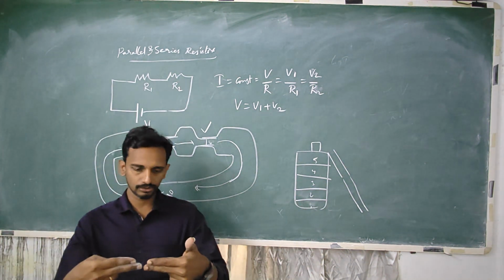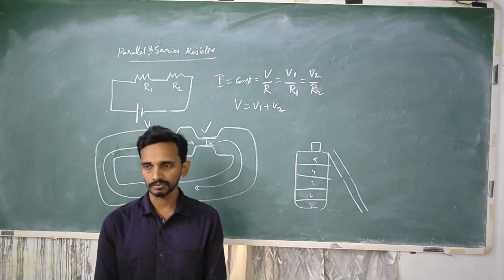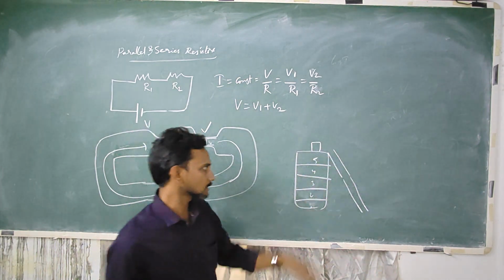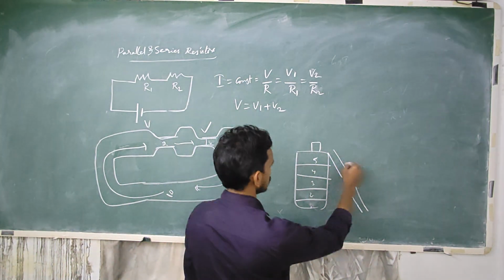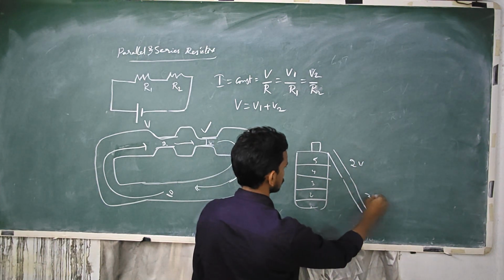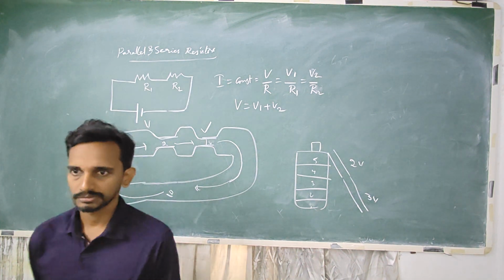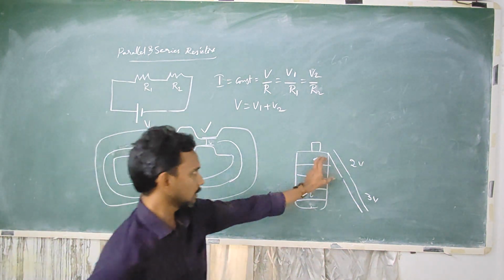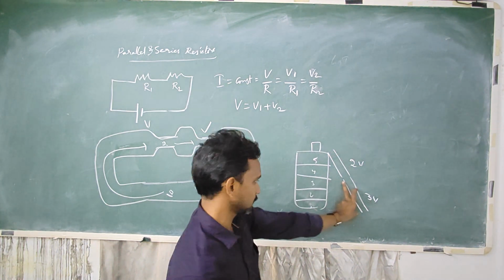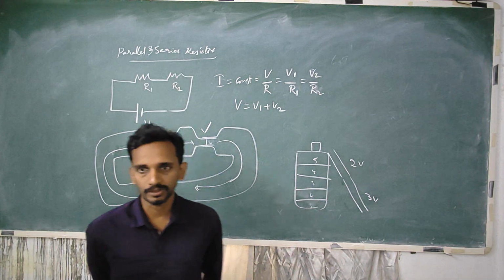When we are joining, you should ensure that the width is common for both, because current is constant. So we cannot alter them. So let's say here 2 volts will be dropped and here 3 volts will be dropped. If the length of the resistance is smaller, a lower potential will be dropped, and if the length is high, resistance is high, so a high voltage will be dropped.